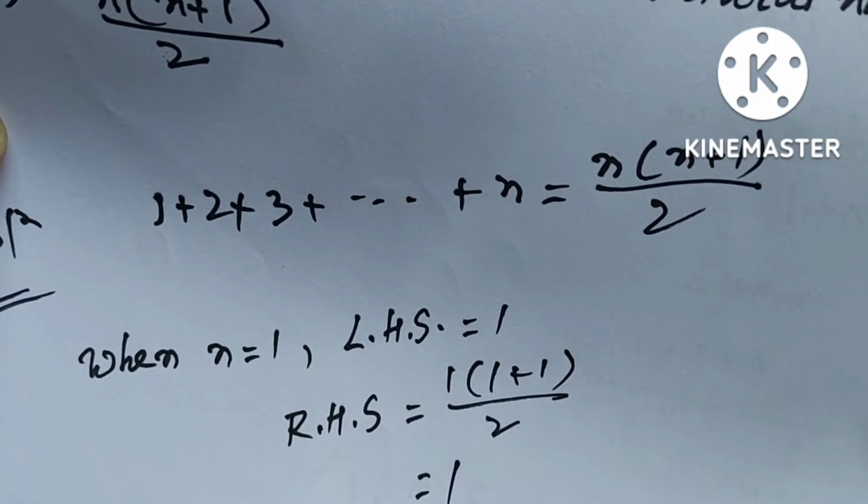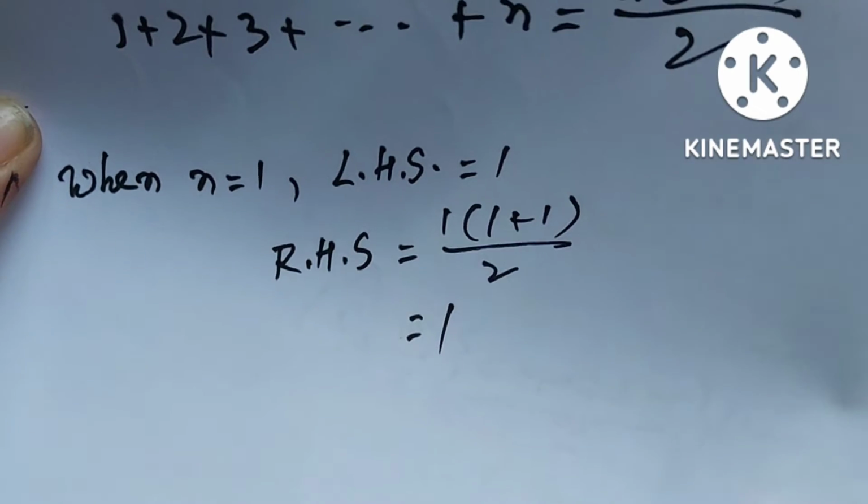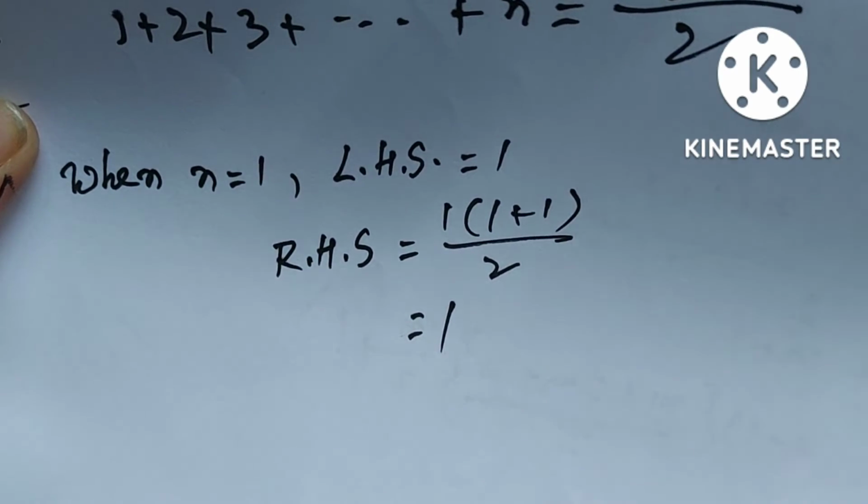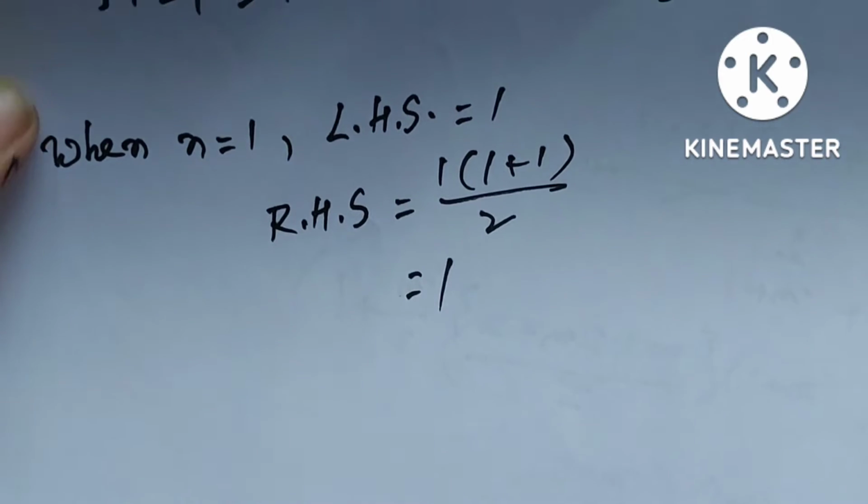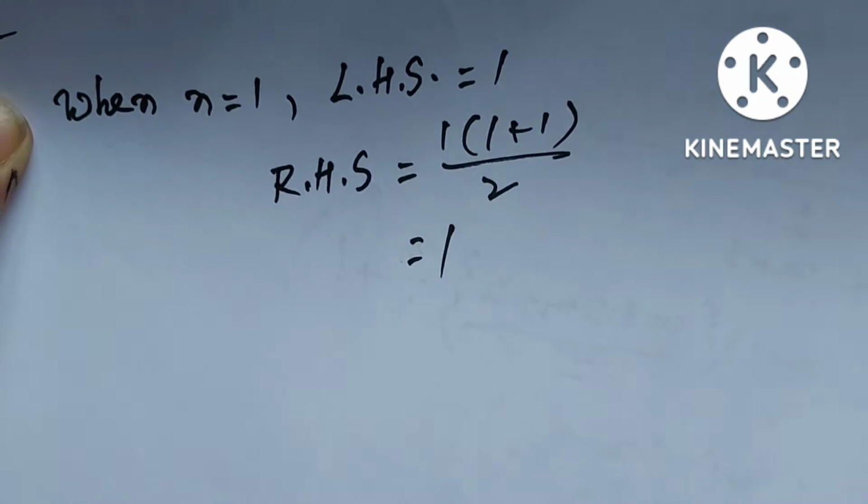Now second step. Second step, we assume that it is true for n is equal to m.